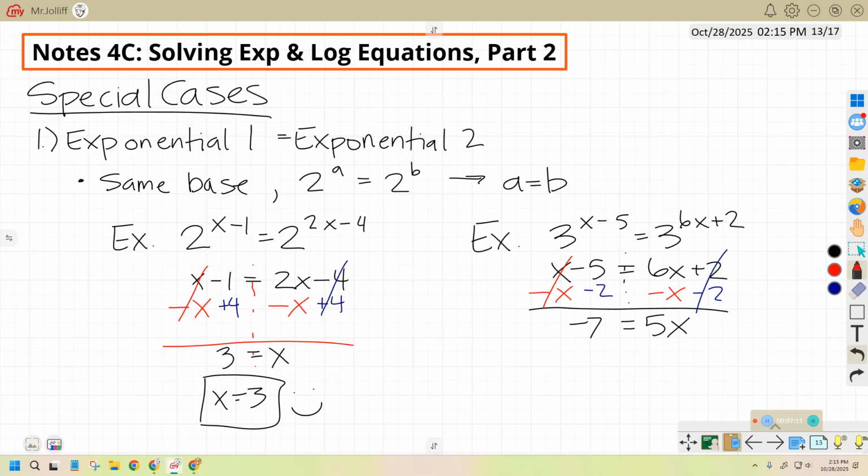Yeah, it's multiplication. We need to divide. Good. The 5's cancel. X equals negative 7 over 5. Happy face. Good.